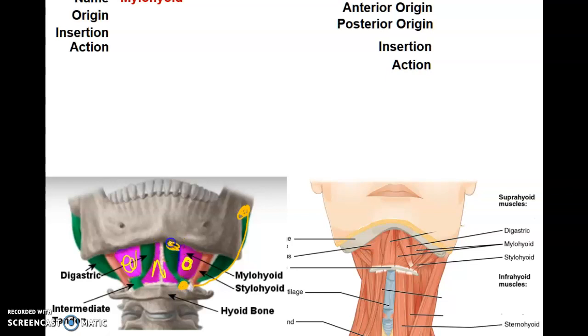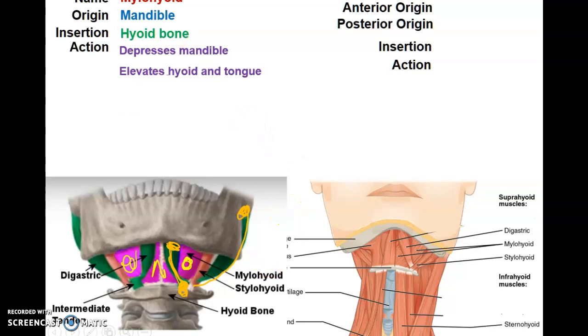It's then coming from here, attaching. So it's a U-shaped muscle. And it's sort of using the hyoid bone as a pulley to help open your mouth. So it pulls, while the hyoid bone's staying in place, this is going to go down, and so forth. So, the digastric is going to open your mouth.